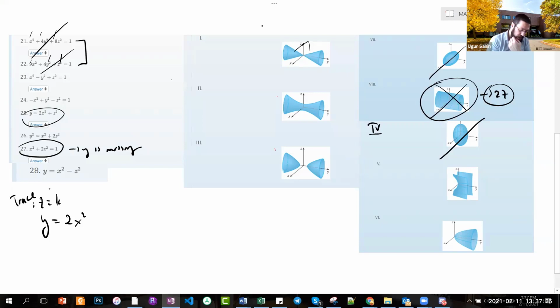Z is equal to k in 25, guys. Y is equal to 2x squared plus k squared. As you see, this is a parabola, right? If I use x equal to k, this time it is going to be y equal to 2k squared plus z squared. So both ways, it is going to be a parabola. So this is going to be the elliptic paraboloid, right? This is the elliptic paraboloid, this one, 25.